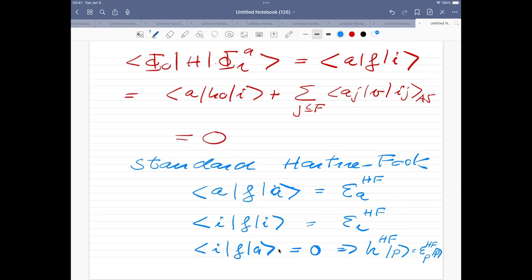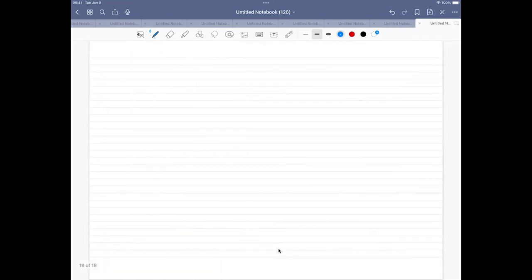Okay. So what we are going to show, just anticipating some of the results, is that this H Hartree-Fock is equal, as an operator, to H0 plus some Hartree-Fock potential. Now, this H0 is the one we are used to. So that contains kinetic energy, which we wrote with a T, plus some external potential.